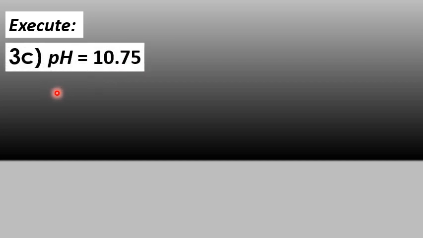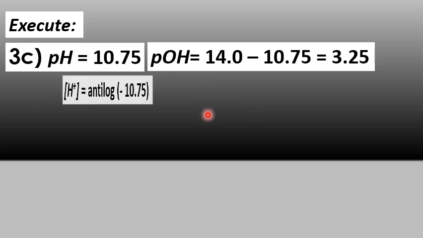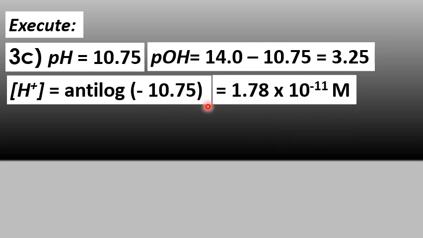For question number 3C, we are given the pH value equal to 10.75. Hence, the pOH is 14.0 minus 10.75 or 3.25. The positive hydrogen ion concentration, therefore, can be determined just by getting the antilog of negative 10.75 using our scientific calculator once again.